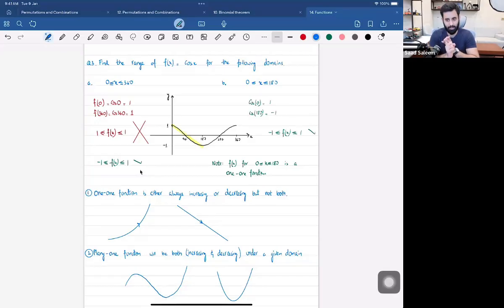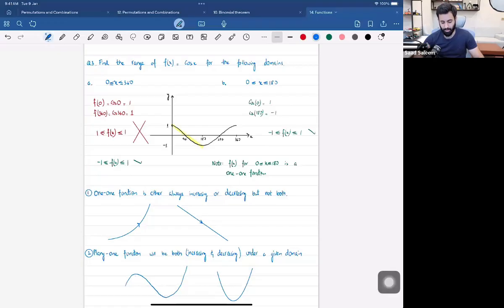A rough sketch should not take you more than a minute. And you will realize, when we're solving past paper questions, that the questions are designed in such a way that in one part it will make you sketch, then in the next part it will make you find the range. So you'll already have all the necessary information to find out the range. And even if the question hasn't asked you to make a sketch, it's in your best interest to first make a sketch and then answer the question.